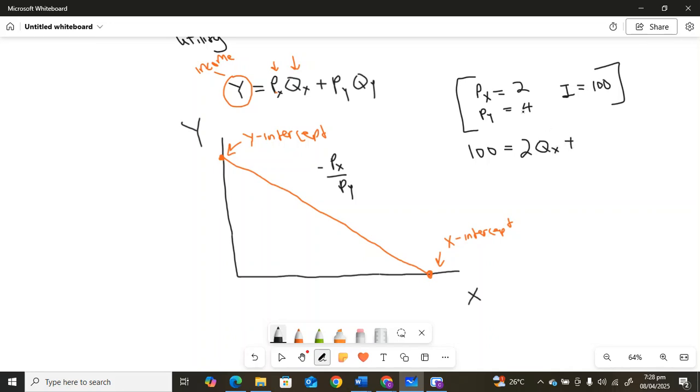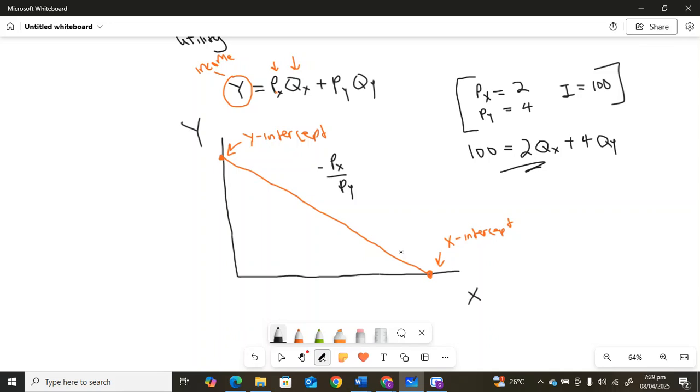Where there is Py, substitute it with 4Qy. All right. This is our budget constraint equation. So when we graph this, you're going to have a downward sloping line like this. Okay, so now I want us to interpret what the intercepts mean and what the slope means.